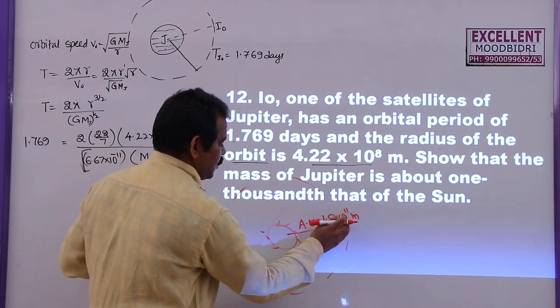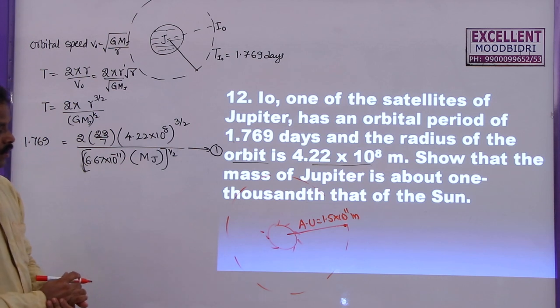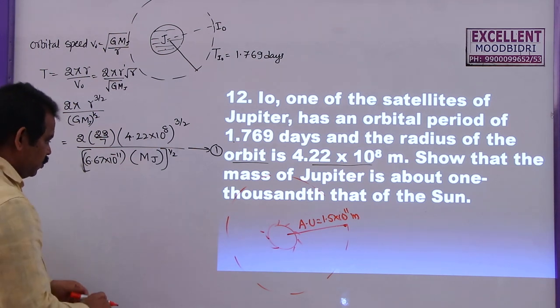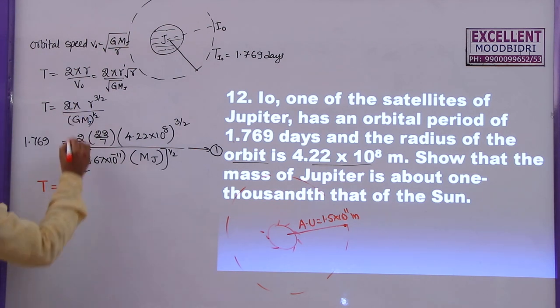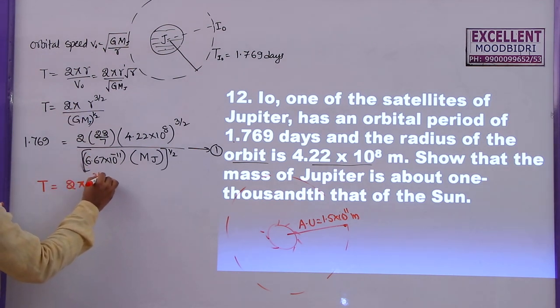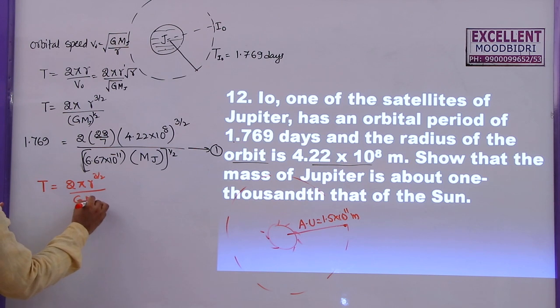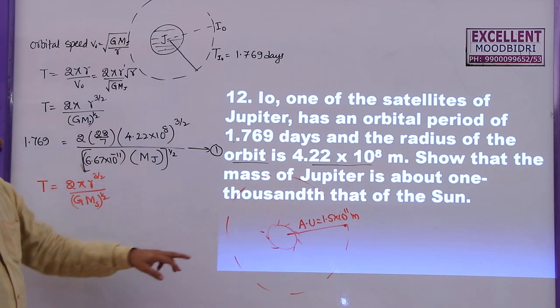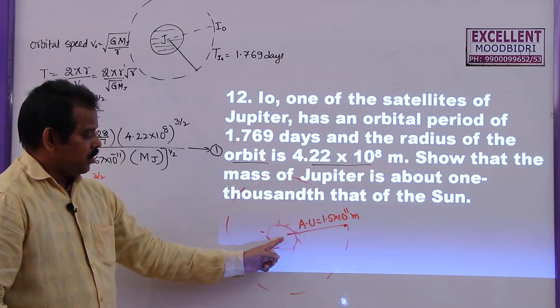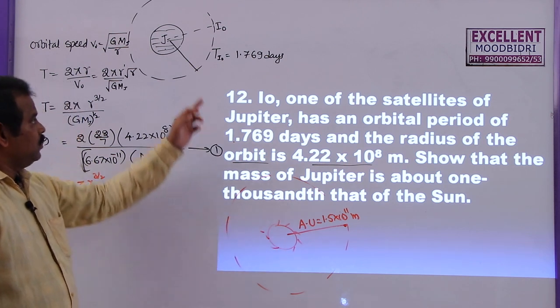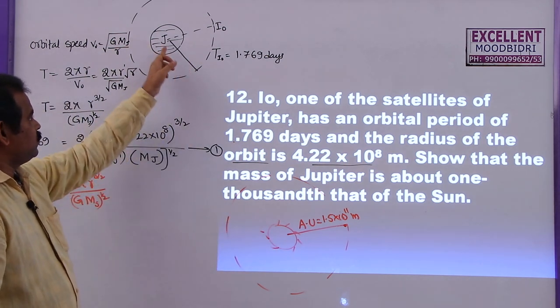This we have to remember, already you studied this value in lower classes. Now, what is the time period of our Earth? Once again, the expression is 2π r^(3/2) by (G mass of Sun)^(1/2). Remember, if Earth is revolving around the Sun, then we have to consider the mass of the Sun. If Io is revolving around the Jupiter, we need to take the mass of Jupiter.